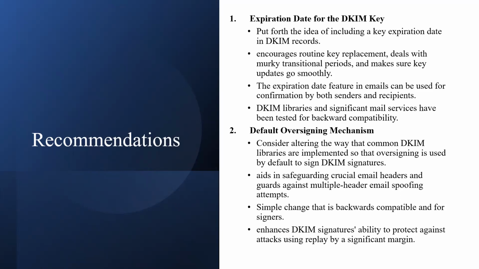It aids in safeguarding crucial email headers and guards against multiple header email spoofing attacks. It is a simple change that is backwards compatible for the signers also. And it also enhances its signature ability to protect against replay attacks by a significant margin.